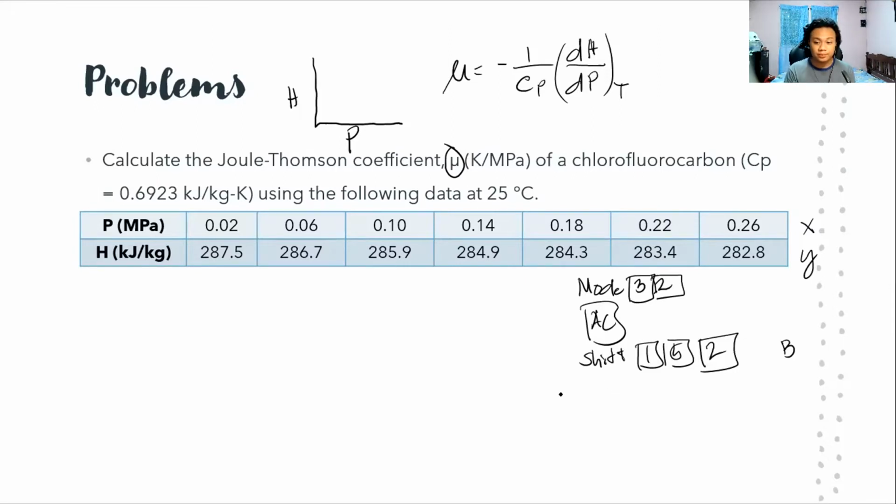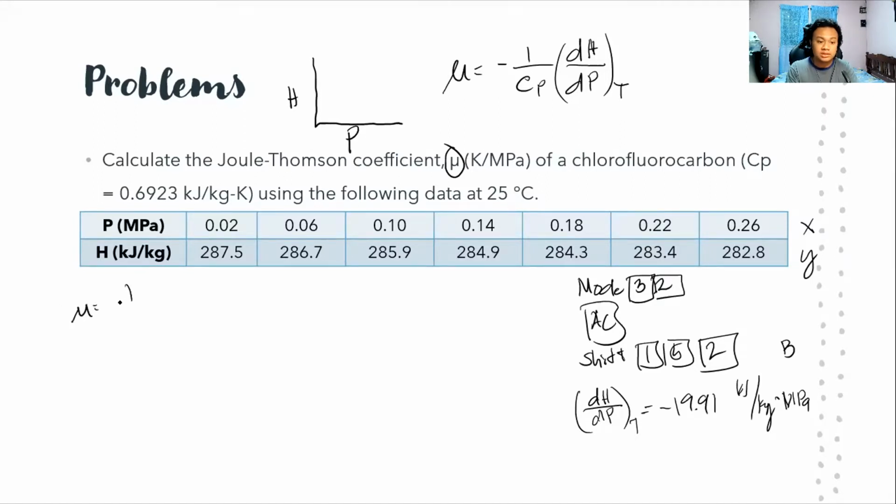So if you get the value of that, b then equals, so you will find b or dH per dP is equal to negative 19.91 kilojoules per kilogram MPa. Okay. So now you can solve for the value of mu.